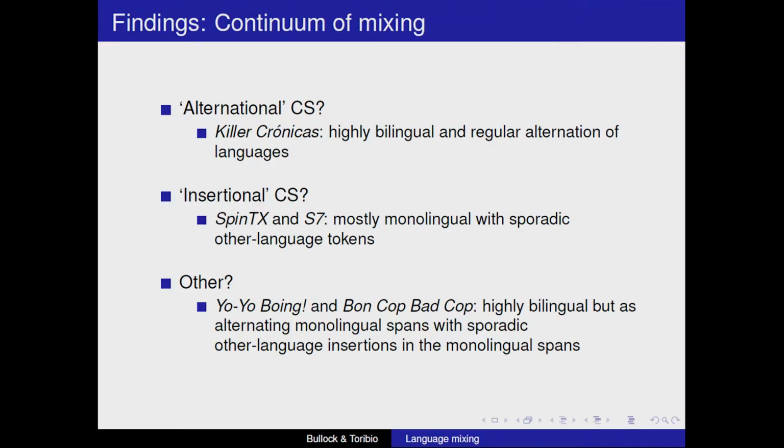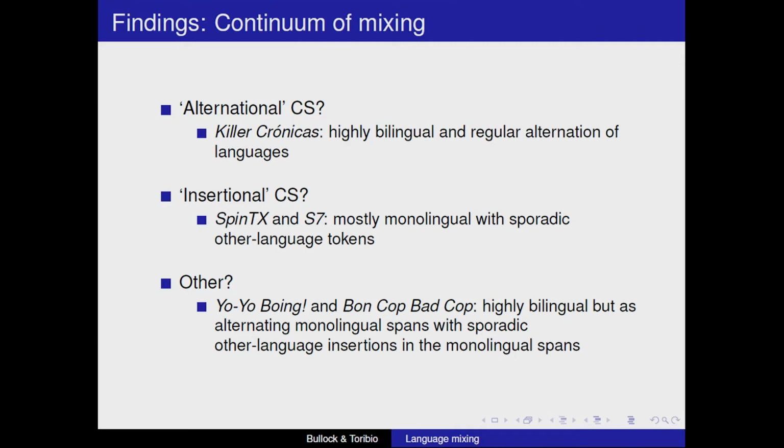Okay, so what we can say so far is that we have a continuum of mixing. If we had to describe these texts, the written and the oral, we would say that Killer Crónicas is alternational, maybe, right? It's highly bilingual, and you've got this regular alternation of Spanish and English.